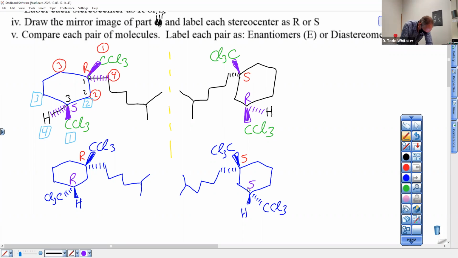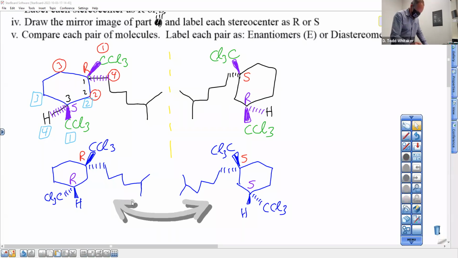Let's see who remembers. What do you call a pair of molecules that are not superimposable mirror images of each other? Is it enantiomers or diastereomers?